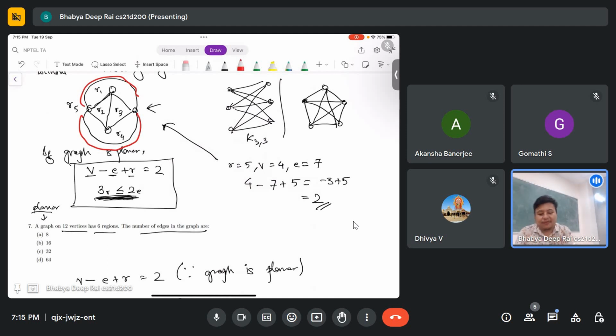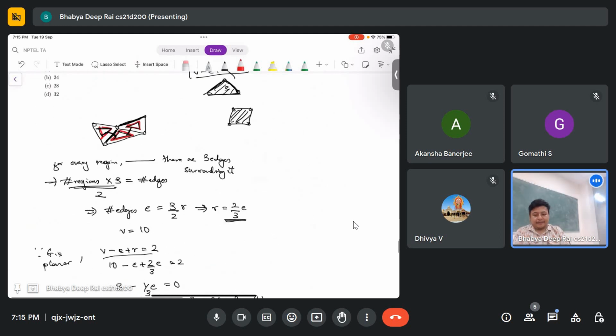But if we remove this edge, then because we are removing one edge, one region is also getting removed. Okay, just to correct this, this will not work for this particular inequality.